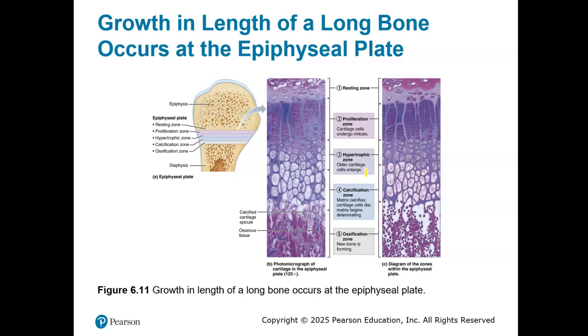That's hypertrophy, and then they're going to die, okay? And then the cartilage cells in the proliferation zone undergo mitosis. So basically, as the bone tissue replaces the cartilage cells that are there, new cartilage cells form ahead of that bone tissue so that you can continue to have an epiphyseal plate.